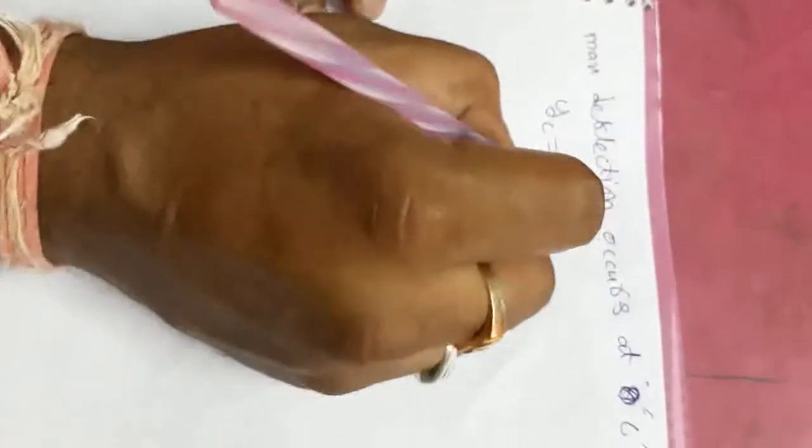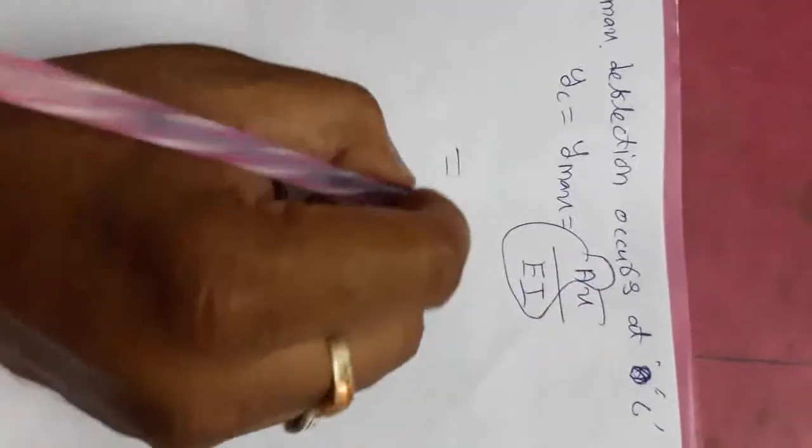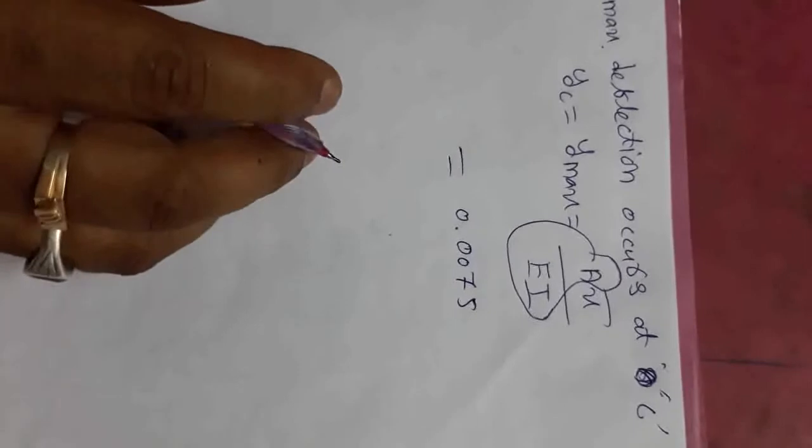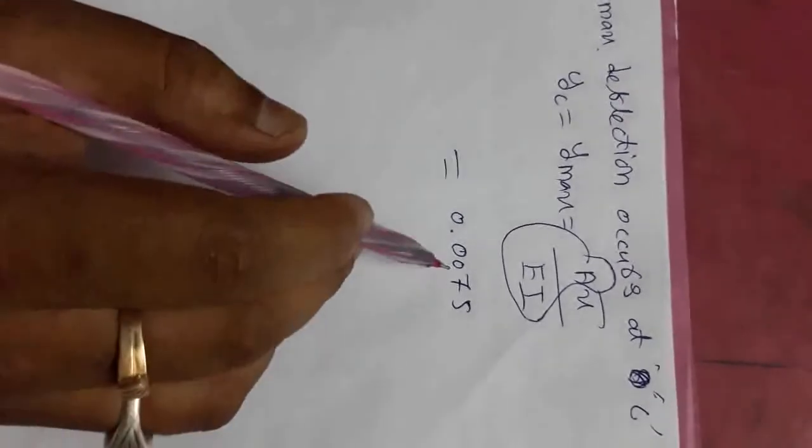YC equals Y maximum equals A x bar by EI, the formula from Moore's theorem 2. A by EI is nothing but 0.0075 radians, which we already got from Moore's theorem 1.